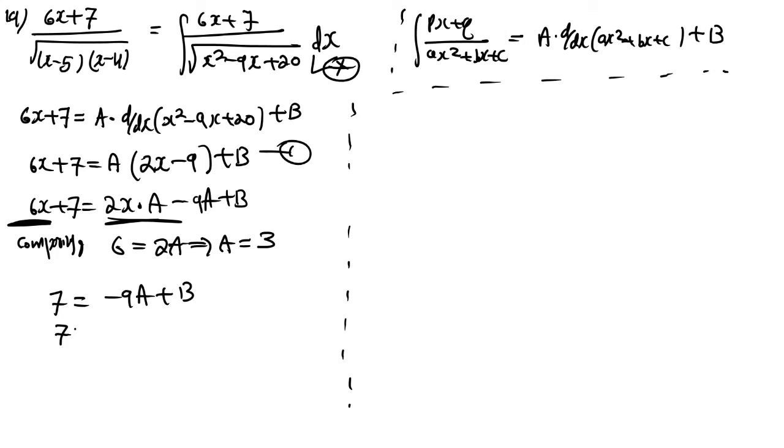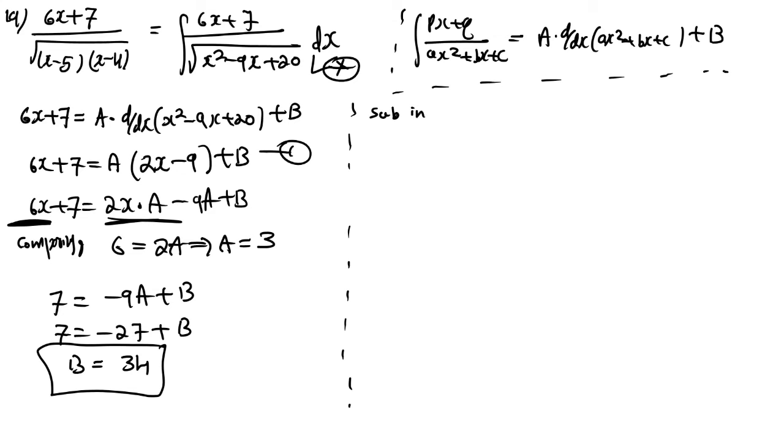So 7 is equal to minus 9 into 3, which is minus 27, plus b. B value is equal to 27 plus 7, which is 34. So b value is equal to plus 34. Substitute these two in equation 1.